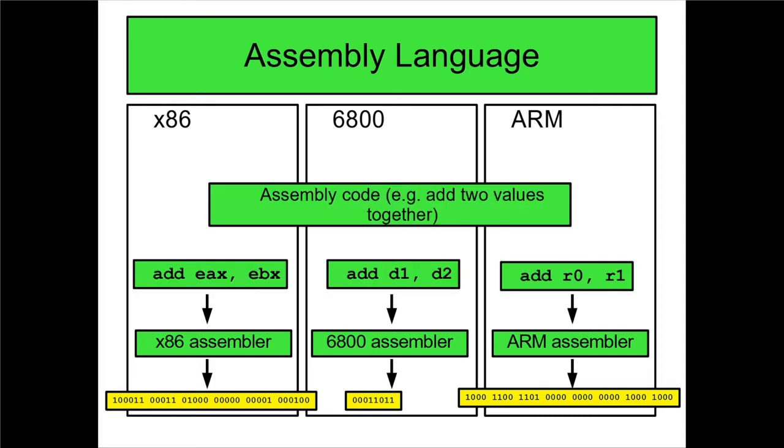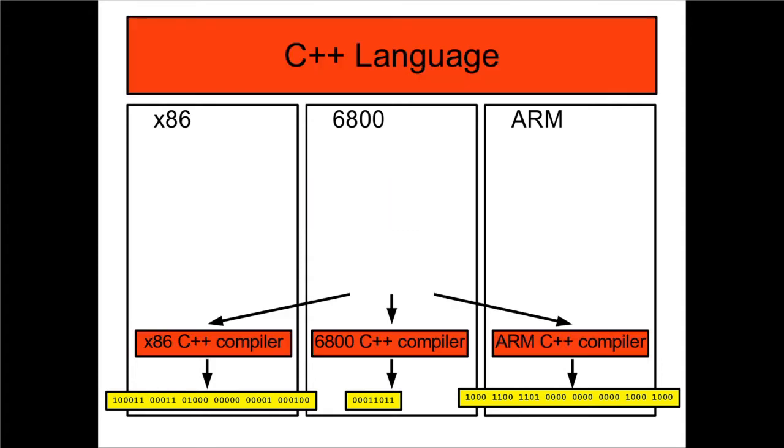You would type assembly code in a text file just like the way we type Java code, and a program called an assembler would convert that into machine code. Assembly is very difficult to understand. It's very long. It takes a lot of instructions to do very simple tasks.